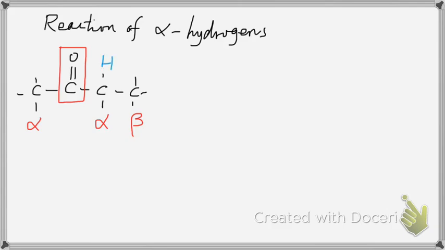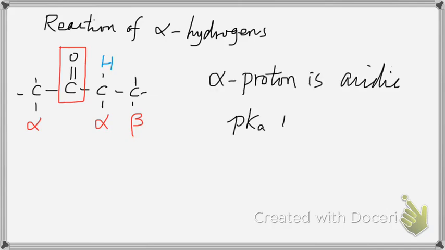The hydrogens that are attached to the alpha carbon will be called the alpha hydrogens. Alpha hydrogens are relatively reactive for aldehydes and ketones. Alpha hydrogens or alpha protons will be acidic with a pKa of 16 to 20.